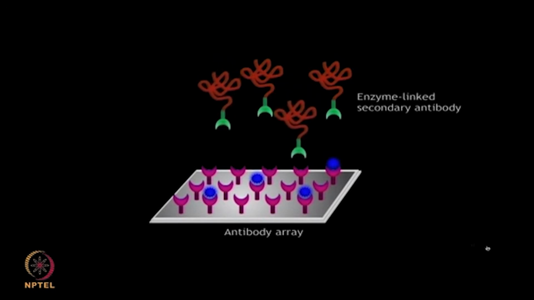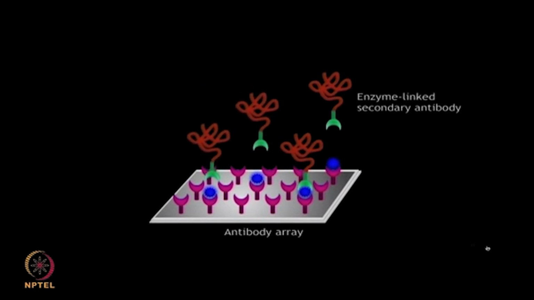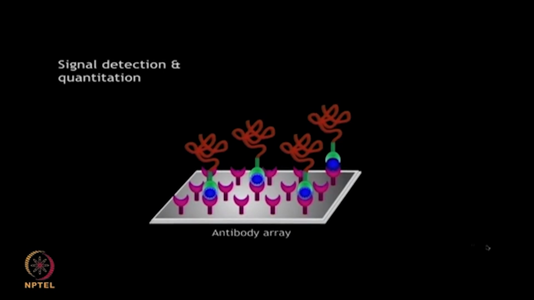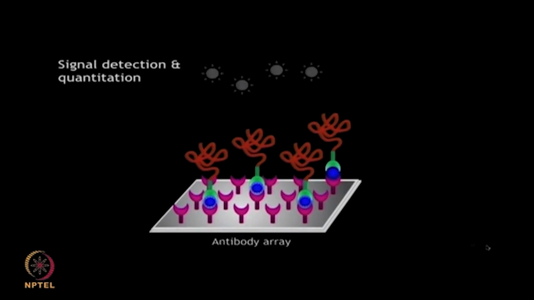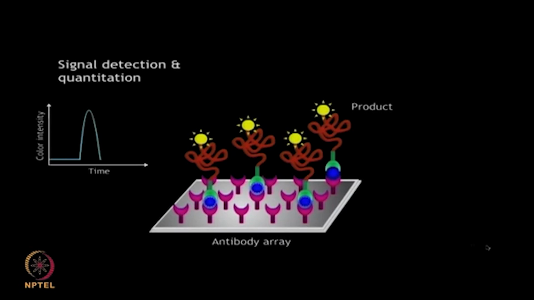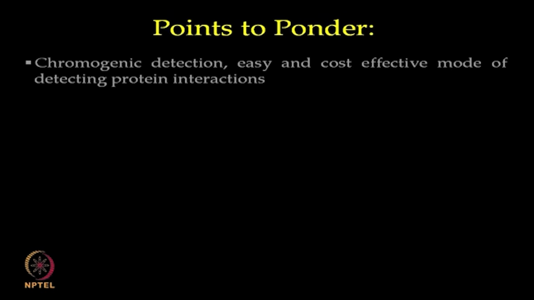This acts as a probe by binding to a different epitope on the same antigen from that of the primary antibody bound to the array surface. Binding of the substrate molecule results in the colored product being formed, which is easily detected and quantified by means of a microarray scanner.